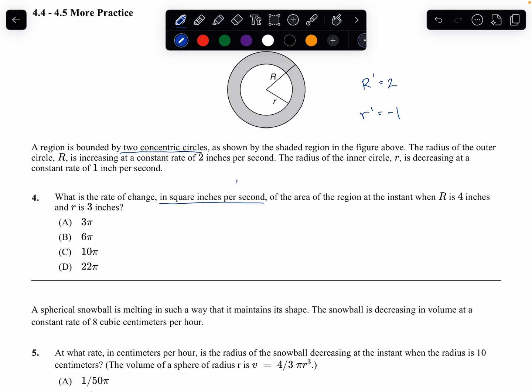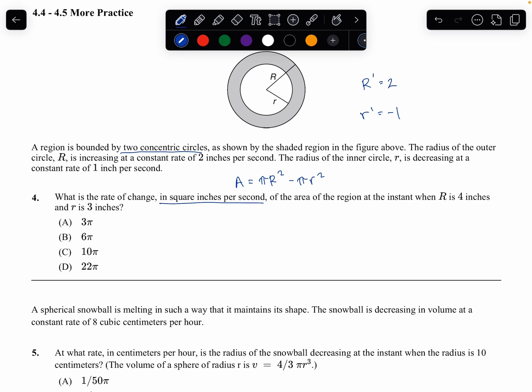So the area of that region is going to be equal to the area of the outer circle, which is pi times big R squared, minus pi times little r squared.